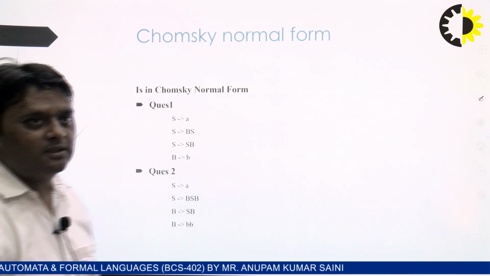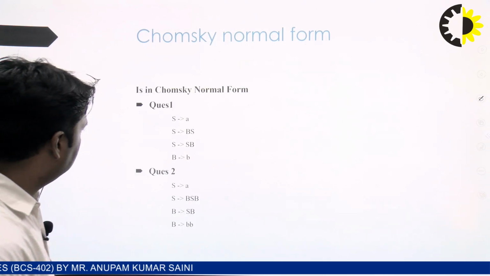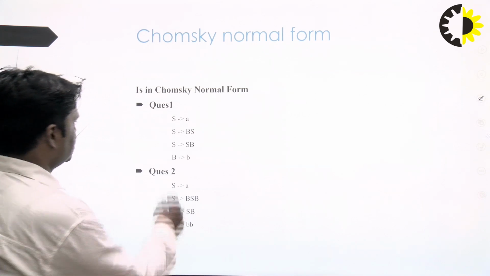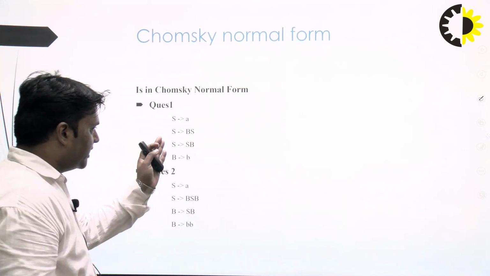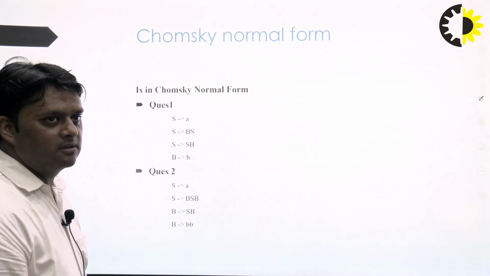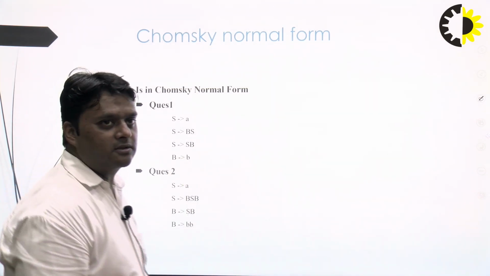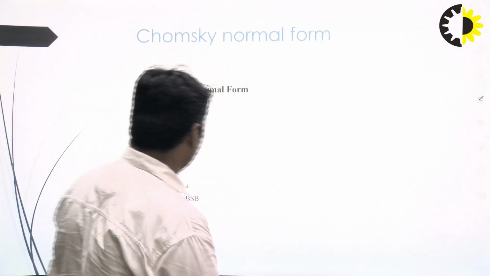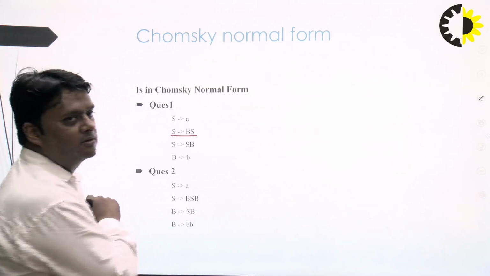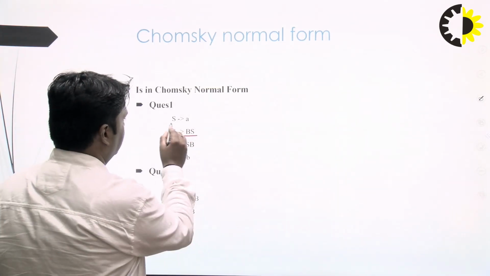Here is an example. The question asks which of these is in Chomsky normal form. First one: S implies AS, S implies BS, S implies SB, and B implies b. We know that CNF is in the form where a single non-terminal derives two non-terminals, or a non-terminal derives a terminal.